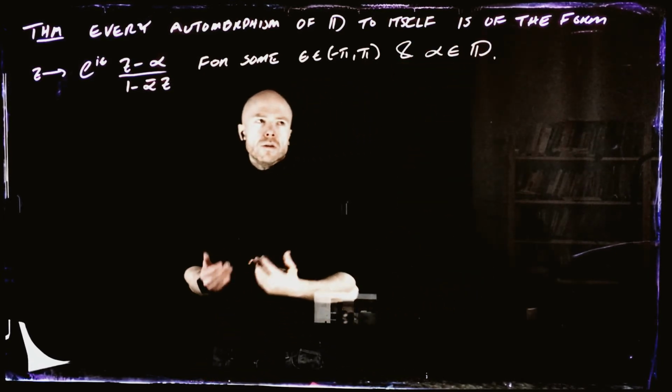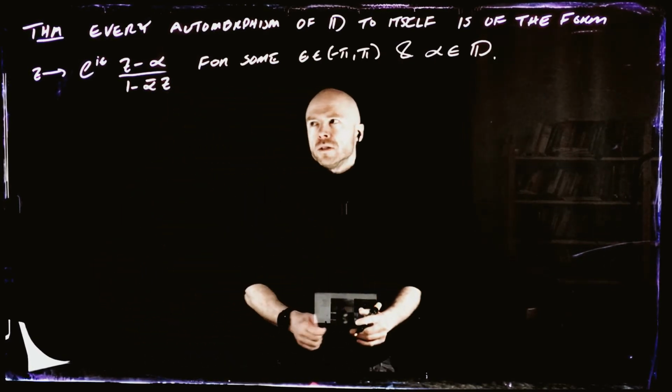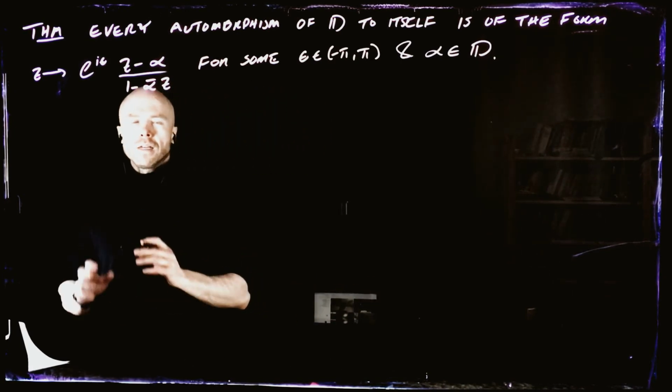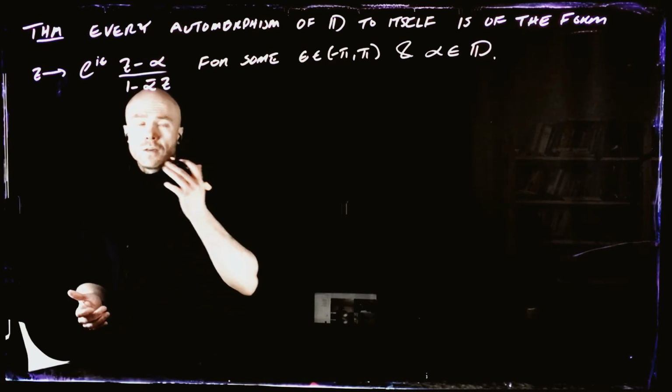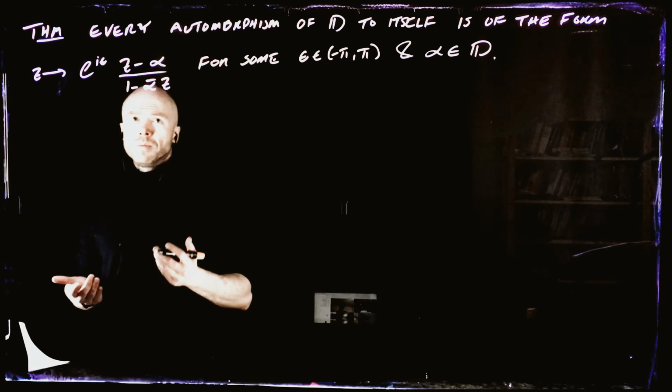So we have a rather specific characterization of what these are. We know quite precisely what they are. And as a consequence, the only automorphism that fixes 0 has to just be a rotation.